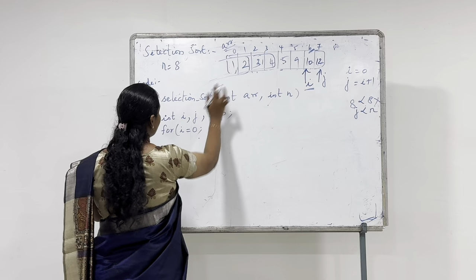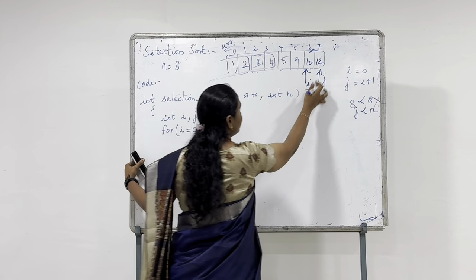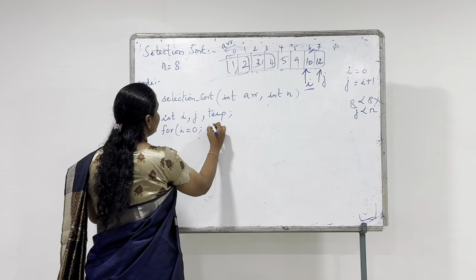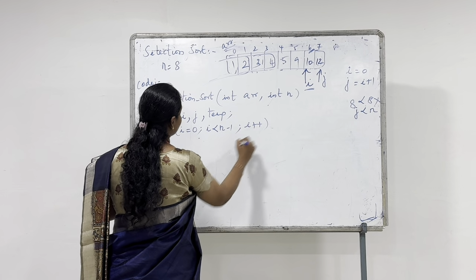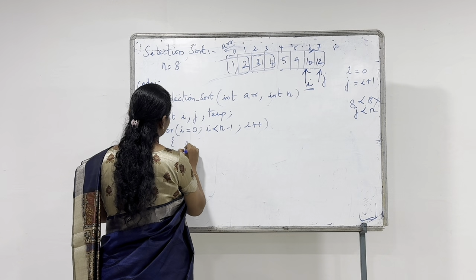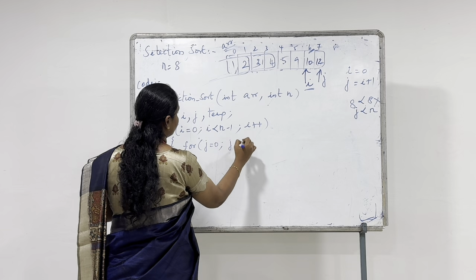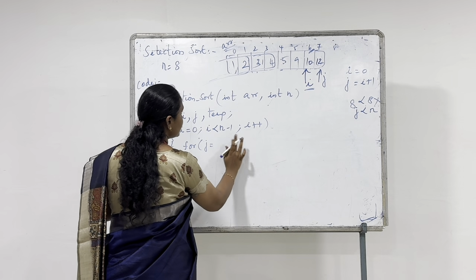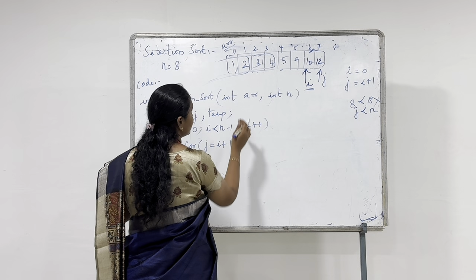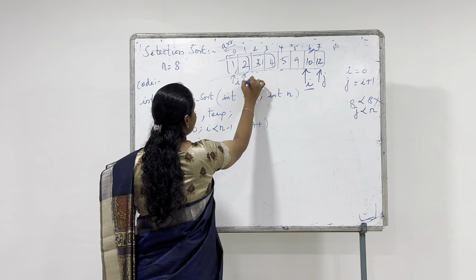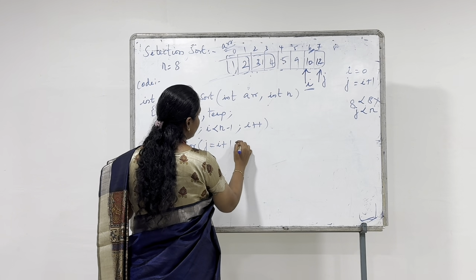I should start from index 0 and reach up to 6, so I should be less than n minus 1, and then I plus plus. And j should start from I plus 1 position. So if I starts here, j should be here. Then only we can make comparison.